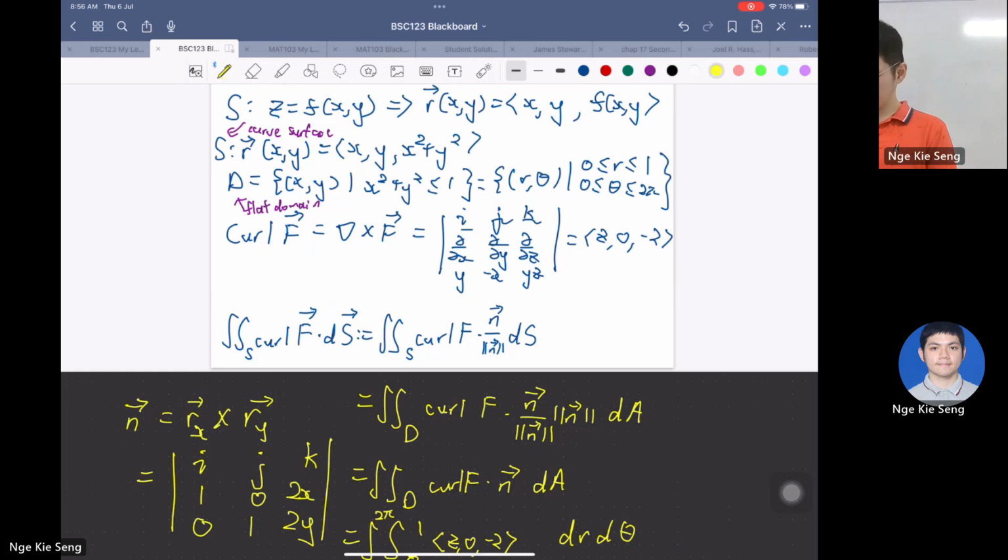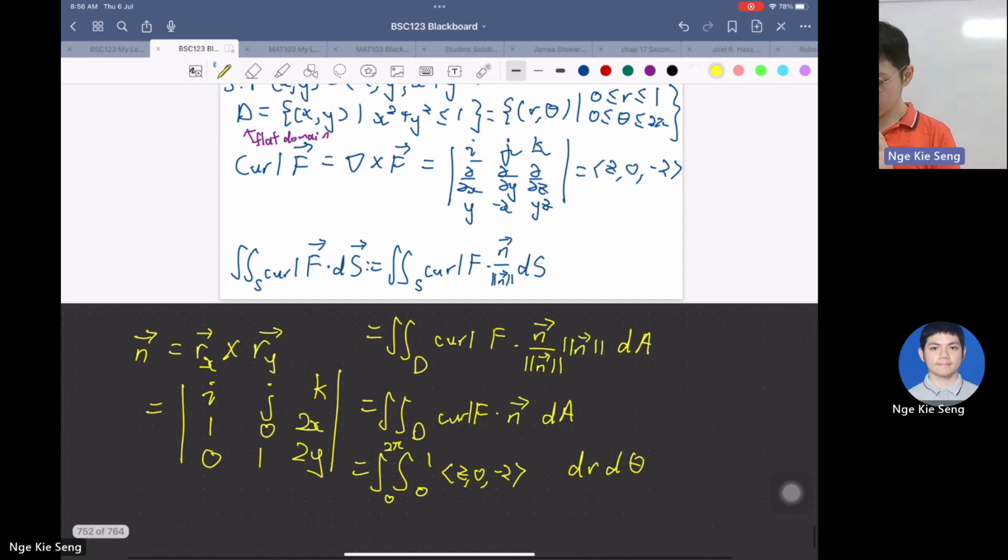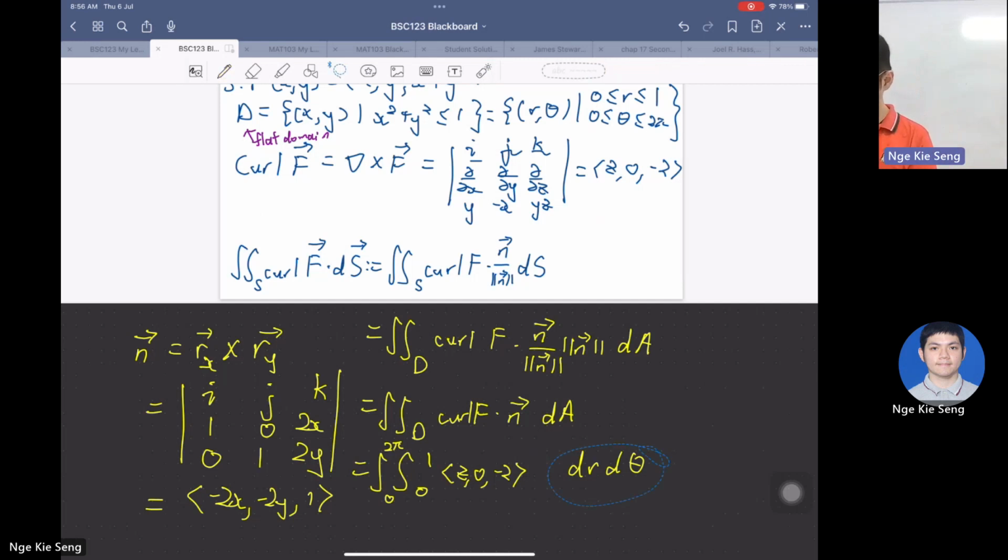Correct or not? My function is here, x, y, x squared plus y squared. So what's my normal vector here? Minus 2x, minus 2y, and 1. So we can put it back here.